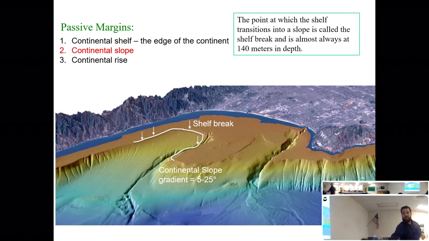So let me ask you all here. Let's say you're standing right here. You've gone all the way over here offshore, and now you're miles offshore, and you start digging down right here. Are you going to be over continental crust or ocean crust?